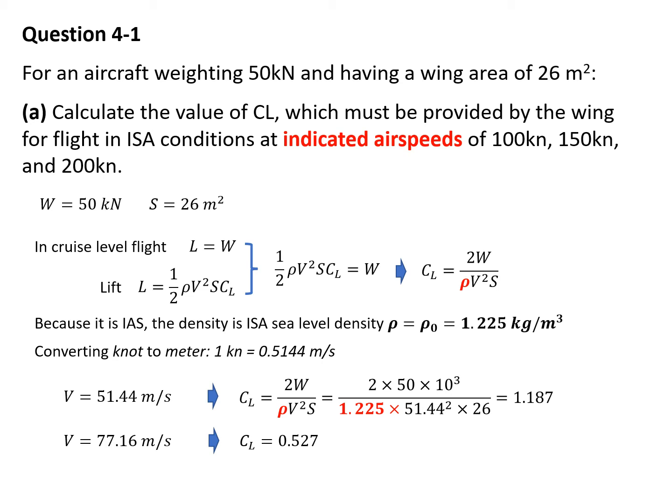Well, 150 knots is 77.16 meter per second. Then the lift coefficient is 0.527. And if it's 200 knots, the speed is 102.88 meter per second. The CL is 0.297. So we can see with increasing indicated airspeed, the CL decreases.